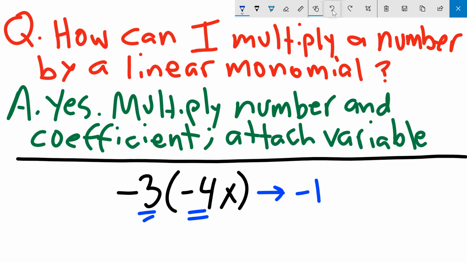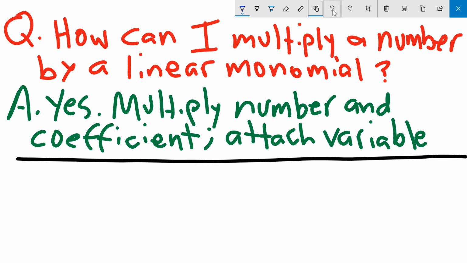Let's talk about the number 1 now. We got 1 times negative 2x, for example. Same thing. Multiply this by this.